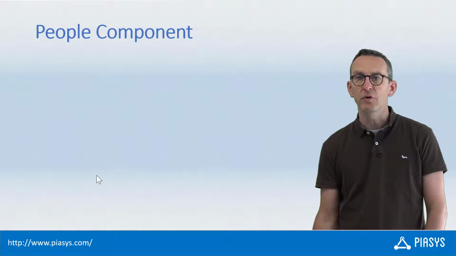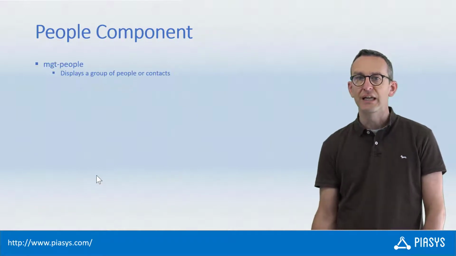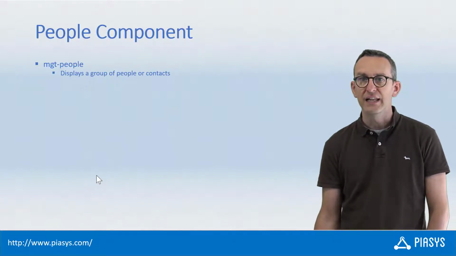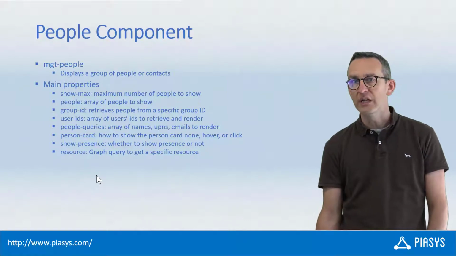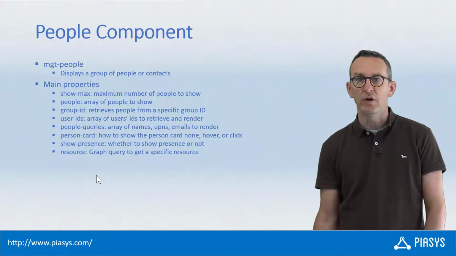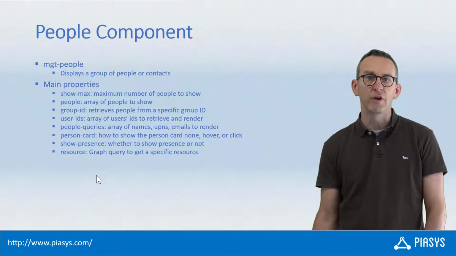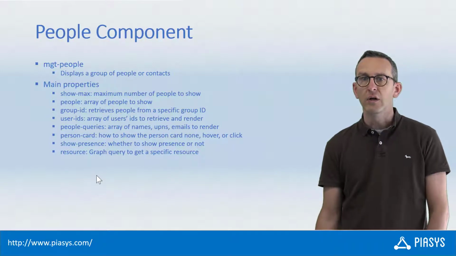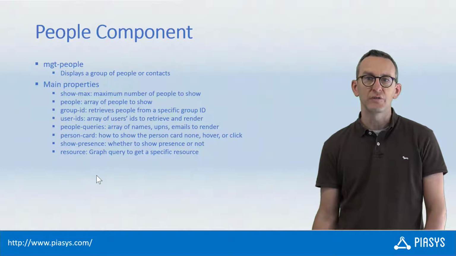The mgt-people control is yet another control that we can use to render a list of people or contacts. And again, as before, we can specify a query for people or contacts to render. We can specify the ID of a group to get the people from, or we can, for example, play with specific queries to determine the people to render.